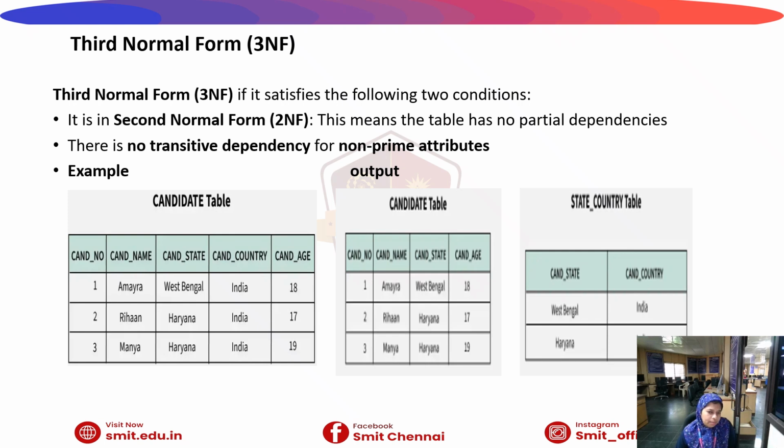The candidate table only has the details of candidate number, name, state and age, whereas the state table denotes which state belongs to which country. So this is the no transitive dependency form.